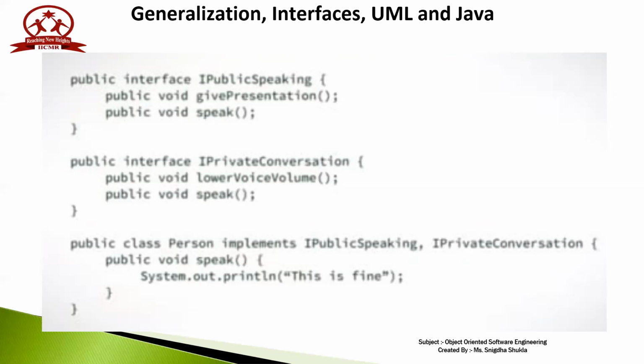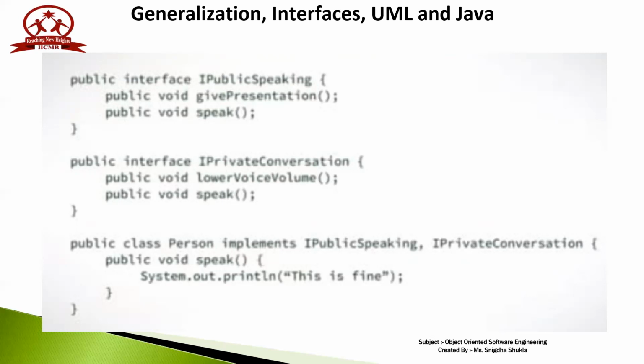So the class which implements those interfaces is a class called Person, which implements IPublicSpeaking as well as IPrivateConversation. In this case, you can see we have written a body only for the speak method. The speak method is common in both interfaces.